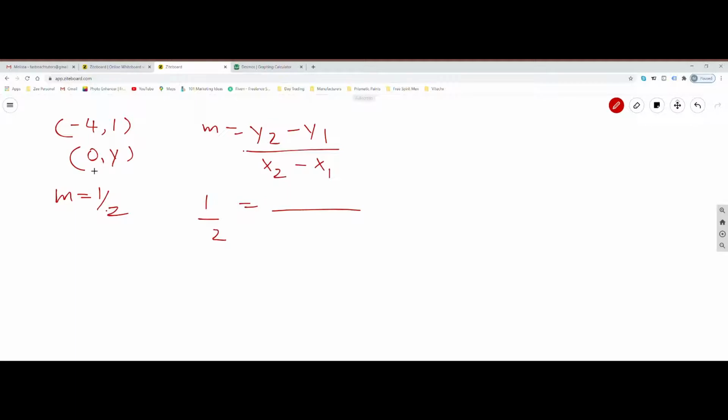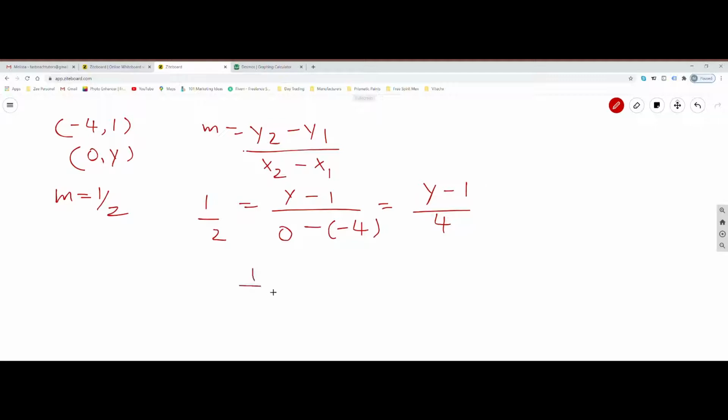So this point we know that the x2 is 0. This is y minus, here the y is 1, and the x value is negative 4, and it's minus. So here we're left with over 4. 0 plus 4 is 4, and you're left with y minus 1.